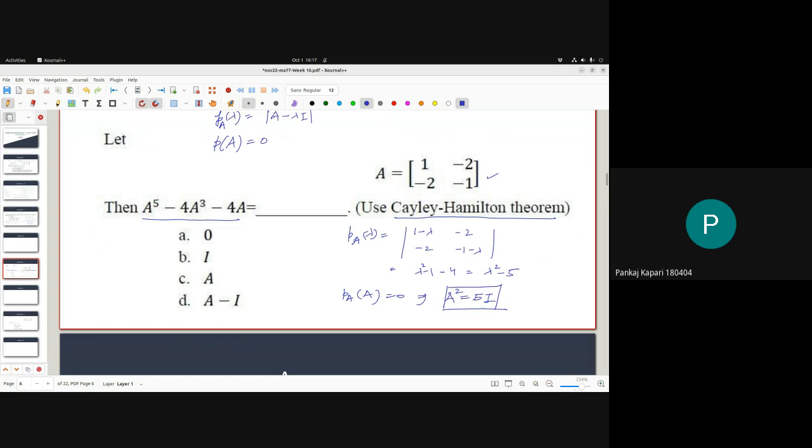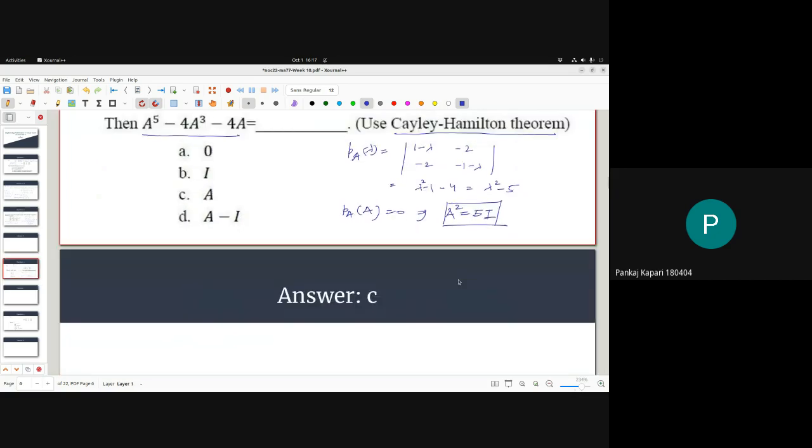Now we will use this relation that A square is equal to 5 times the identity. We have to find A to the power 5 minus 4 times A cube minus 4 times A. But we know that A square is 5 times identity.